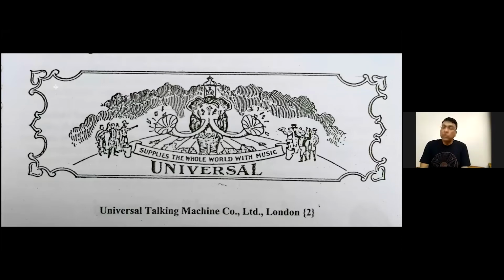We are going to overlook the importance of Calcutta, because this is a very abridged version of the gramophone wars that took place.